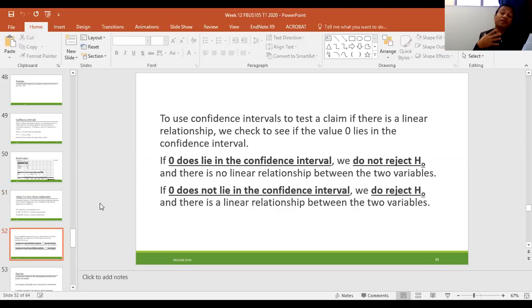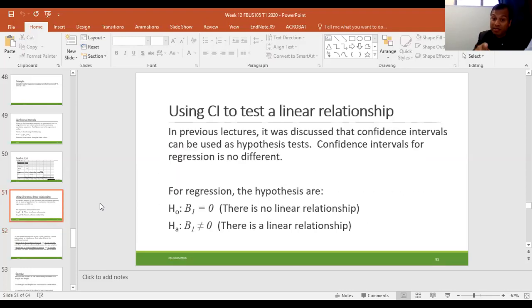We are 95% confident that the slope lies in the interval 0.34 to 0.35. With that confidence, there is no chance of having a slope value of zero. If the slope value is not zero, there is a relationship. If zero doesn't lie in this interval, we reject the null hypothesis. And what is our null hypothesis? There is no relationship. Finally, it implies that there is a relationship.